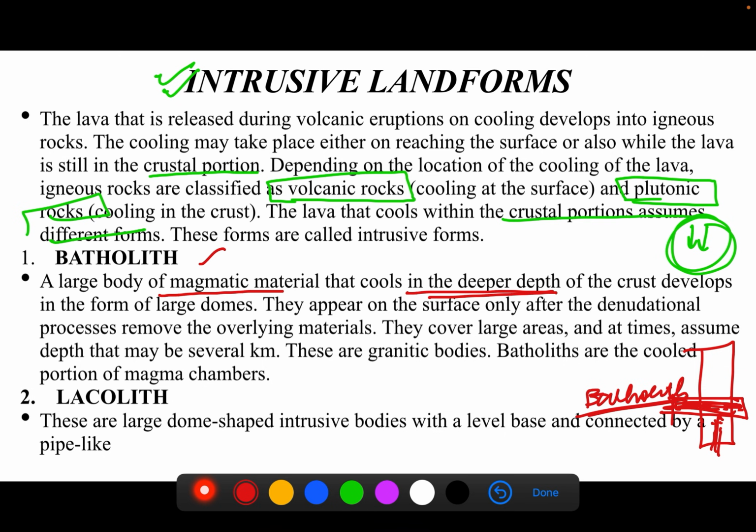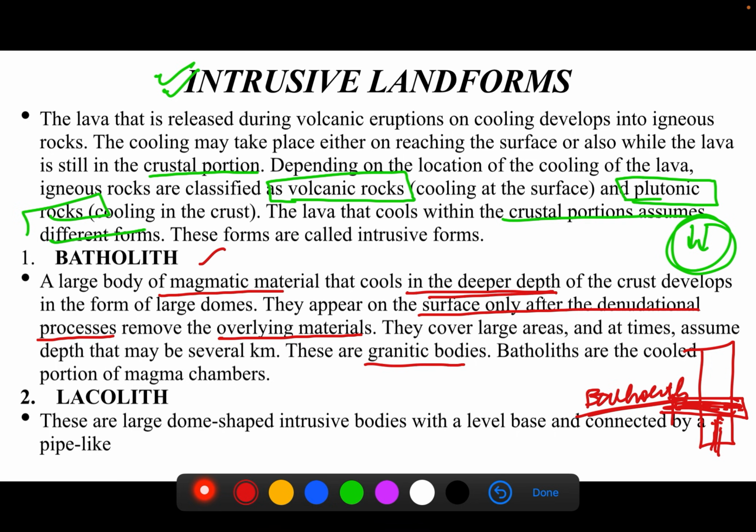They appear on the surface only after the denudation process removes the overlying material. As we have seen in the video, when that big mountain-like structure gets eroded, then only that batholith, also called the underneath bedrock, will be visible. They cover large areas and at times assume a depth of even several kilometers.